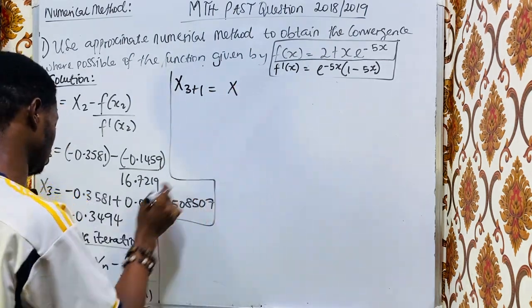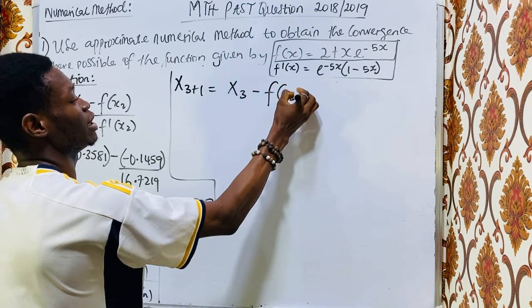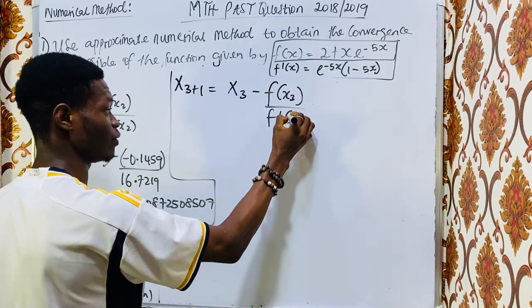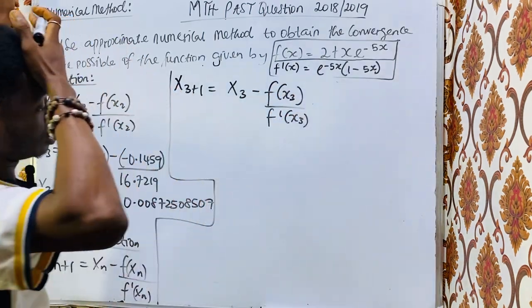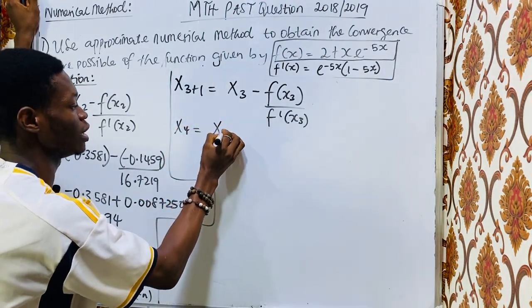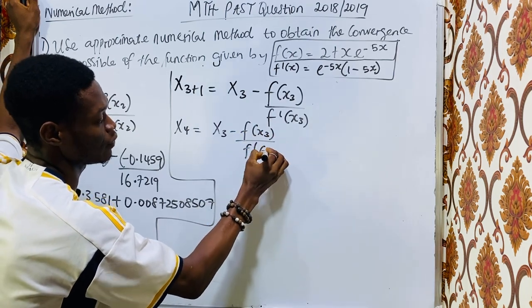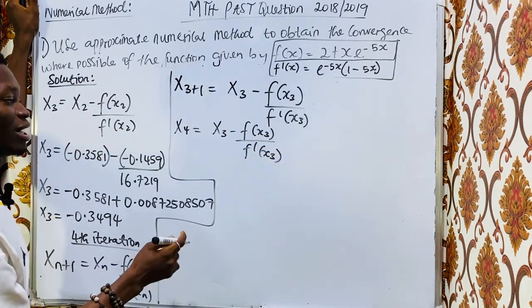Then x3 will be here: x4 is equal to x3 minus f of x3 all over f prime of x3.